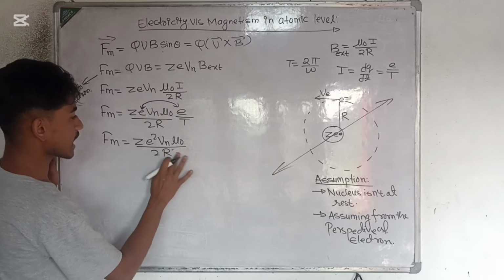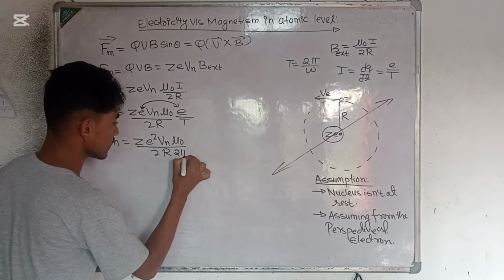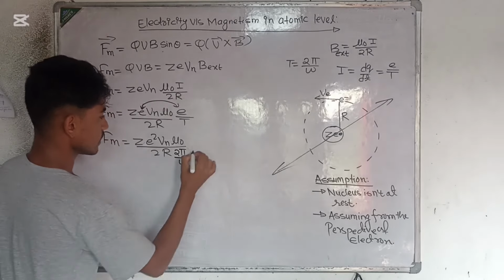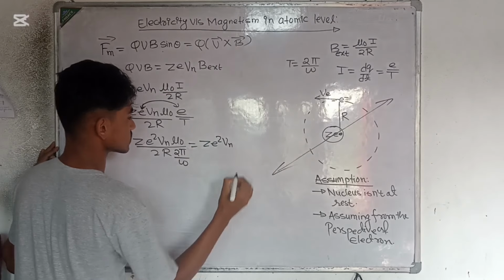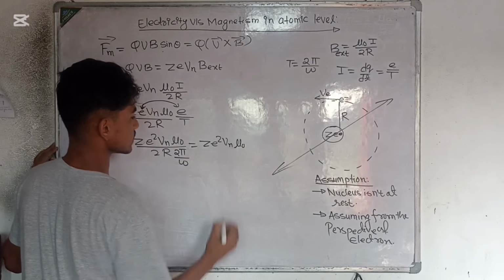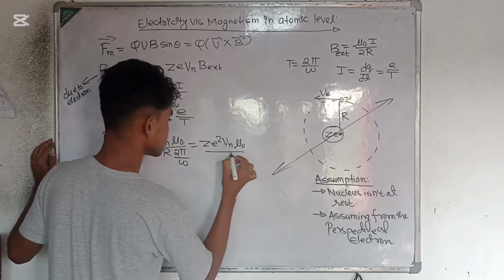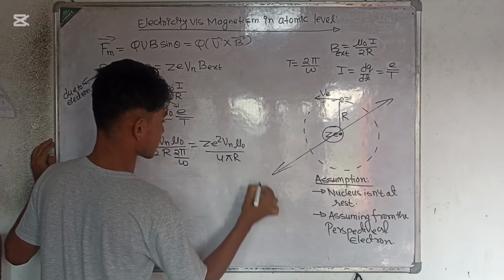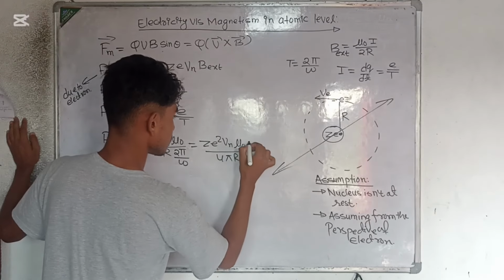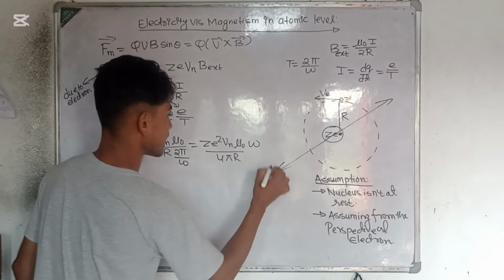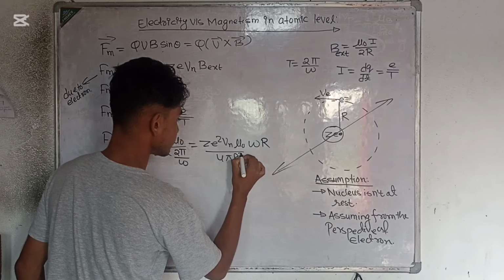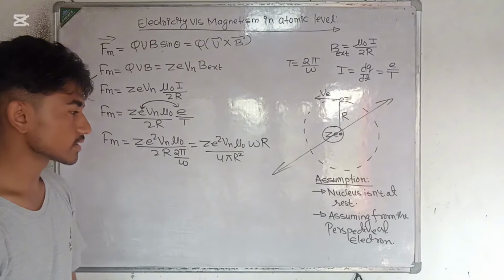So you can replace the time period as 2 pi over omega, and you will end up getting Z e square, velocity of nucleus, mu 0 is a constant, upon 4 pi r omega, right? And I am adding r here and making it square, because there is some critical reason.